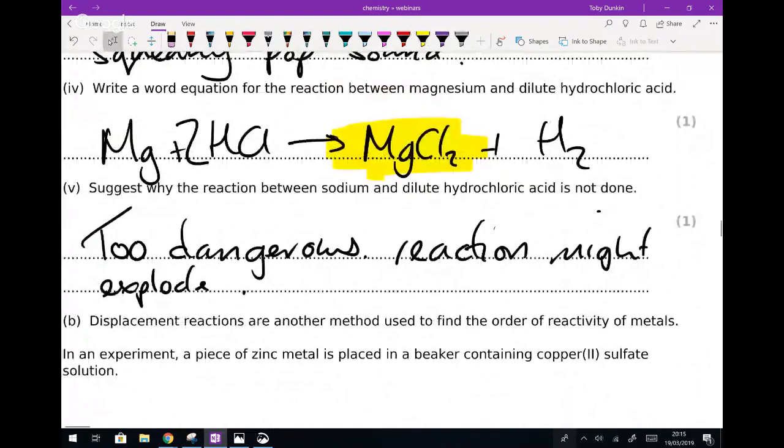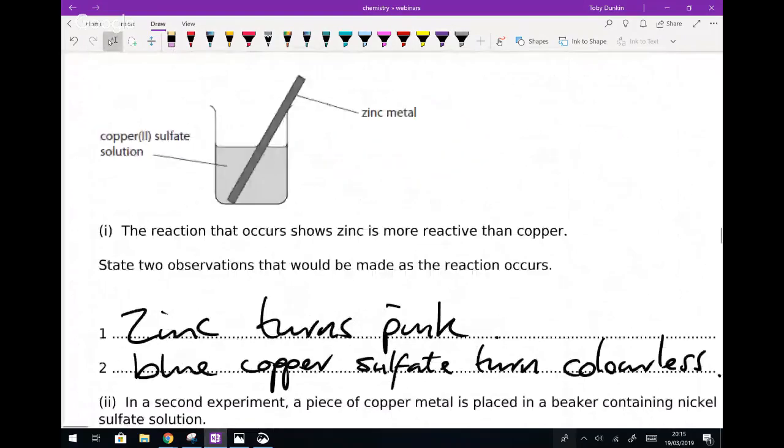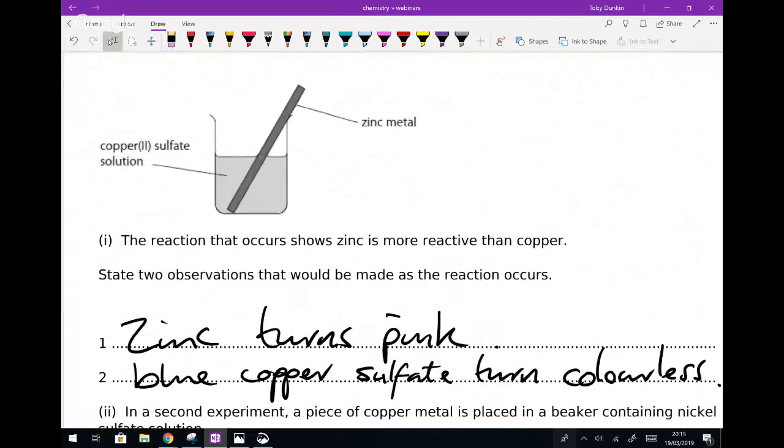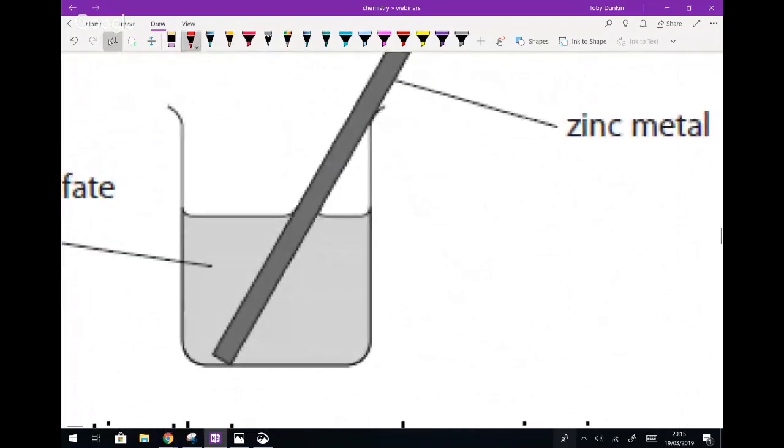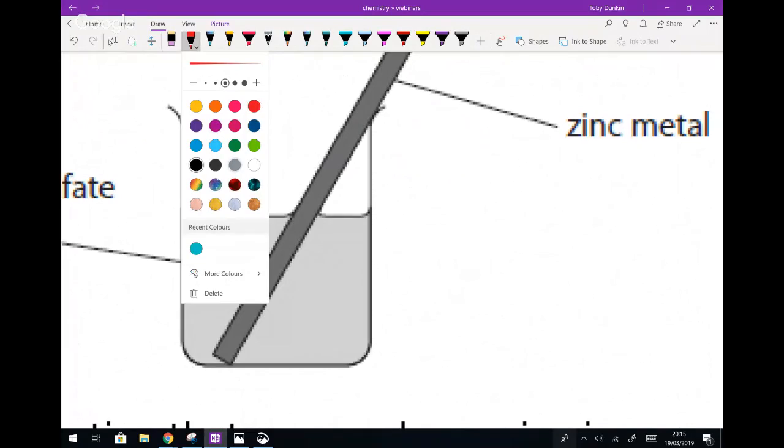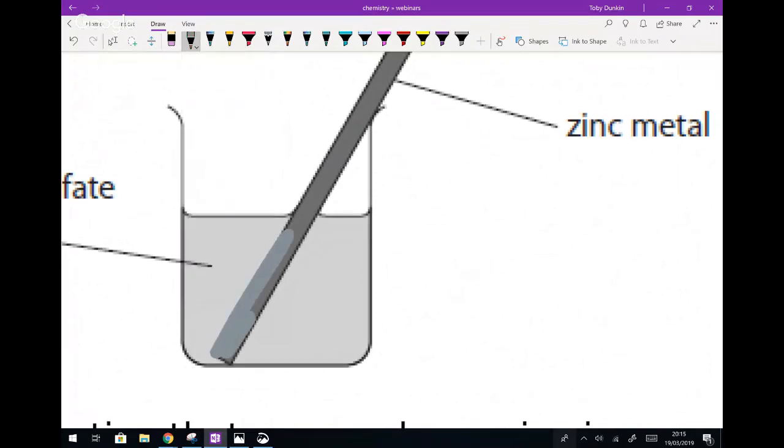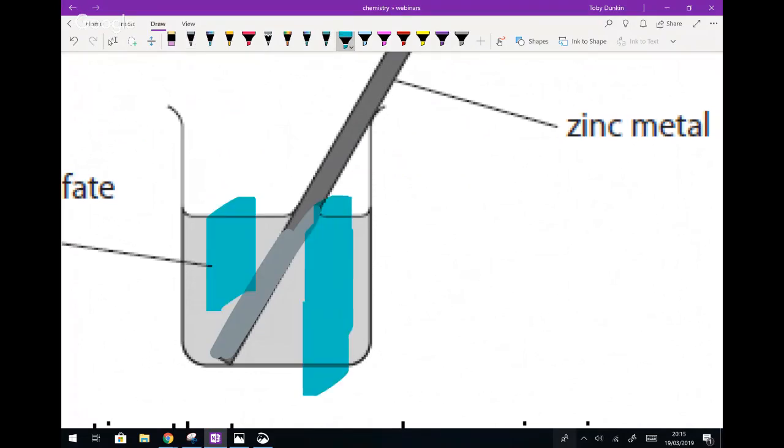Right. Observations, reactivity. Zinc reacts with copper sulfate. What's going to happen? So if we have zinc metal, it's a gray metal. Well, when that goes into the blue copper sulfate, the zinc metal, that's way too thick, let's try again.